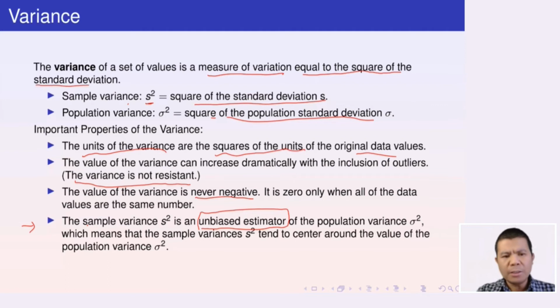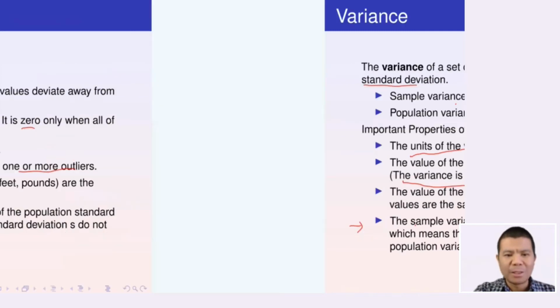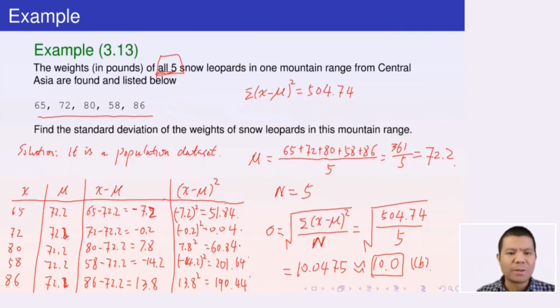Since the variance by definition is just the square of the standard deviation, let's find the variance for the previous examples. For instance, the weight in pounds of the snow leopards. What about the variance? The variance equals s squared.